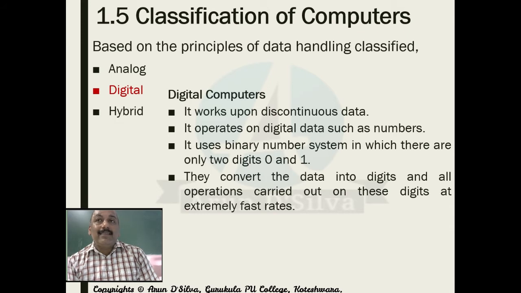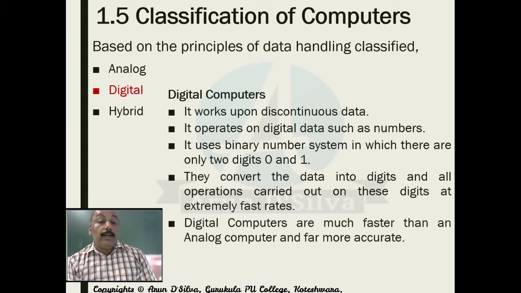Whereas an analog computer normally generates approximate results, and digital computers generate accurate results. So that's the reason, compared to analog, digital computers have become more famous and more accurate.